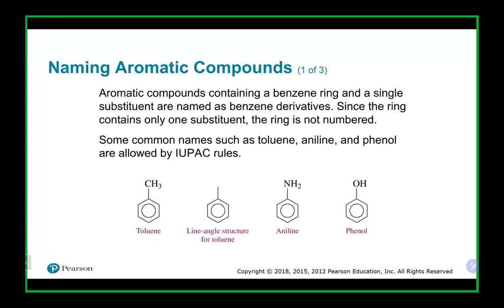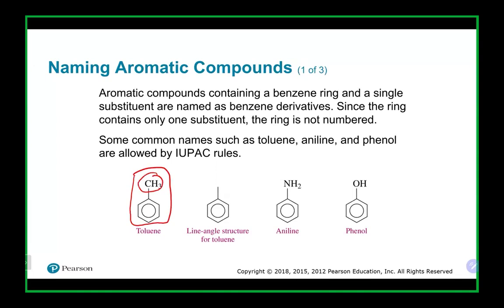Now, when we name these guys, we can draw it. And there are certain aromatic compounds that are benzene containing that have some historical type names that people still use today. So for example, this benzene ring that basically has a methyl group on it, that is what is known as toluene.